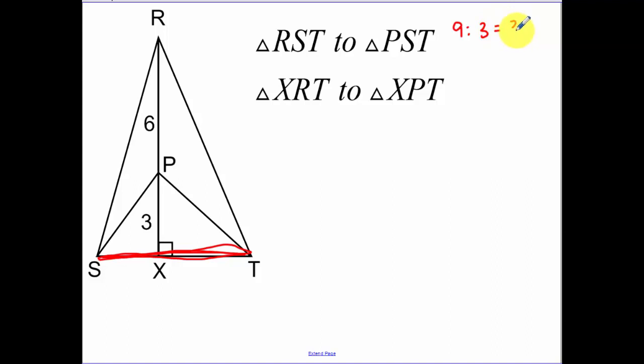So that would reduce to 3 to 1. And then XRT, the side triangle, XRT to XPT. Again, they share the same common base of XT, so it's the ratio of the heights, which is 9 to 3, or 3 to 1 because we reduce.